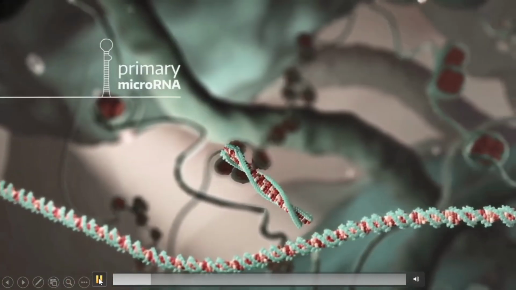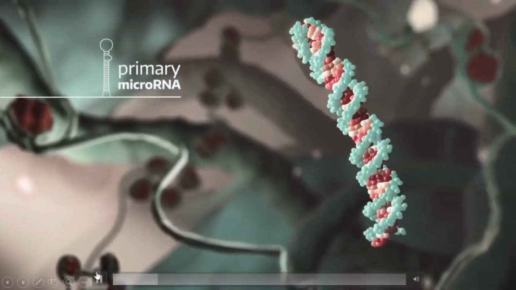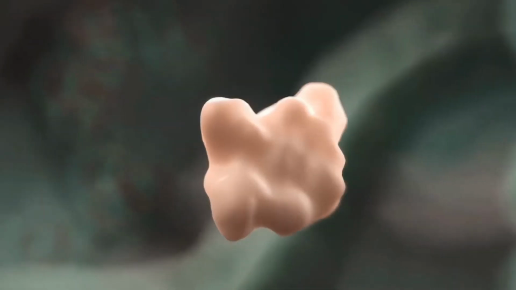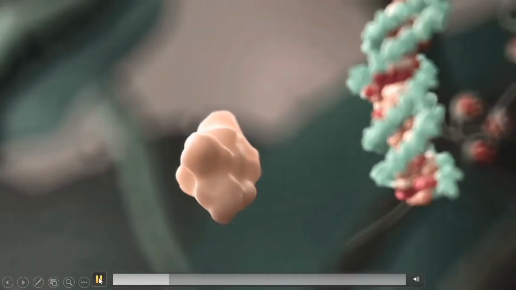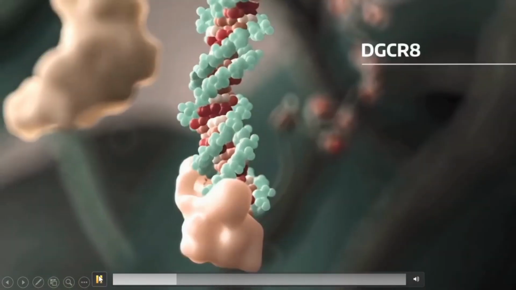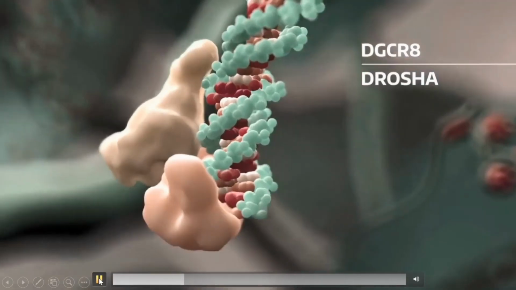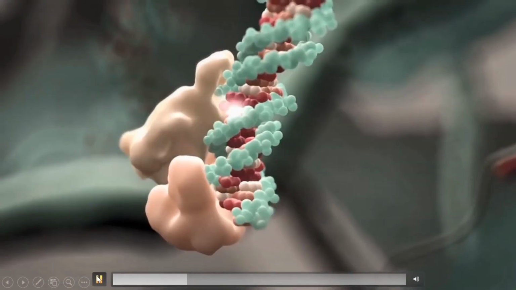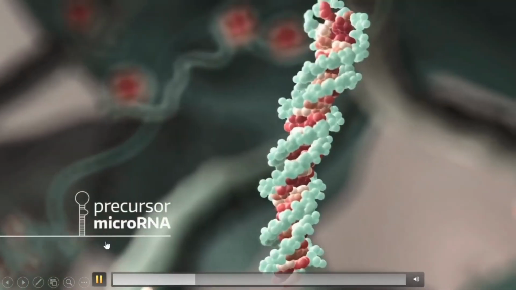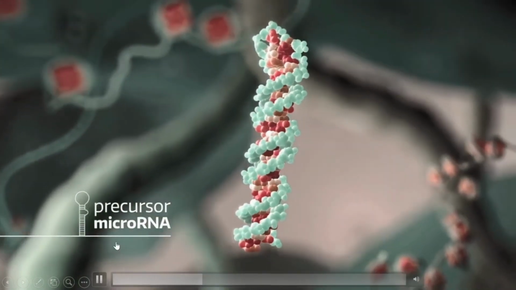And to this primary miRNA, some other proteins are going to bind. We can see that protein coming, and this protein is called DGCR8, and along with the DROSHA protein, it cleaves and converts it into a precursor microRNA.